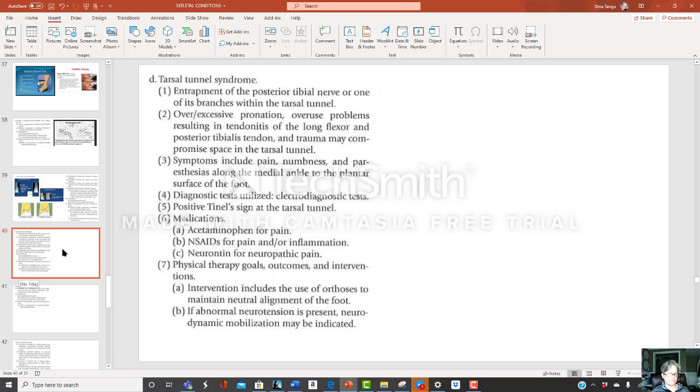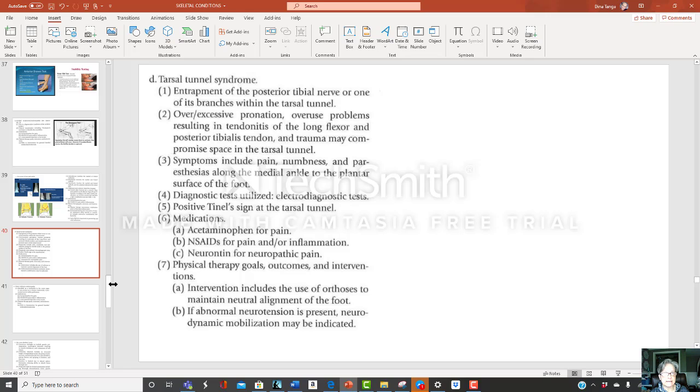Tarsal tunnel syndrome. Entrapment of the posterior tibial nerve or one of its branches within the tarsal tunnel. Excessive pronation, overuse problems resulting in tendinitis of the long flexor and posterior tibialis tendon, and trauma may compromise space in the tarsal tunnel.